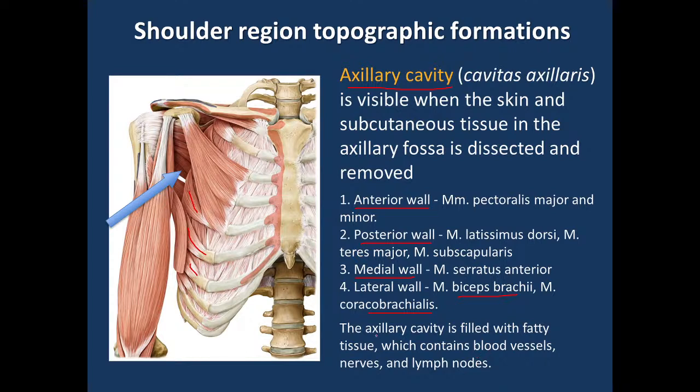Except for blood vessels, the axillary cavity contains fat tissue and some lymph nodes, which are important because this group of lymph nodes may contain cancer cells from a mammary tumor in women.